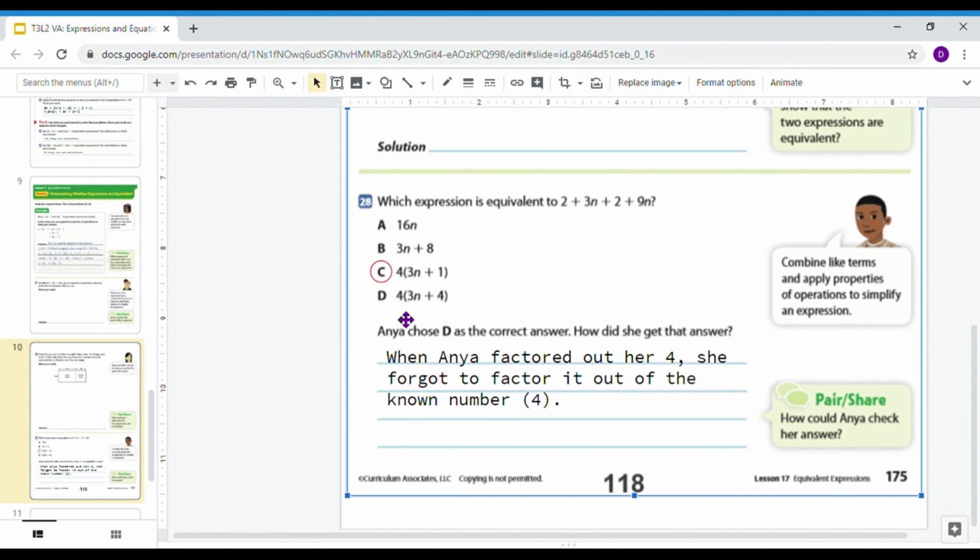And then her next step would be doing 4 times 4, which would give her 16. And that really shows us the incorrect answer. Because when she multiplied that 4 times 4, her constant was 16. And we know that our constant was 4. So we need to multiply 4 times 1. And that's why C was the correct answer.